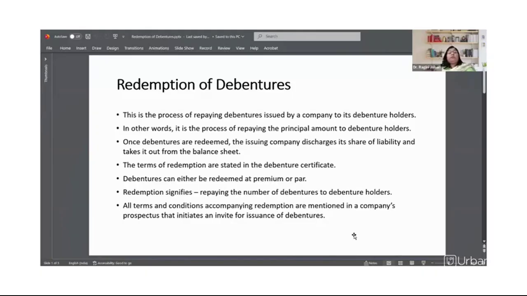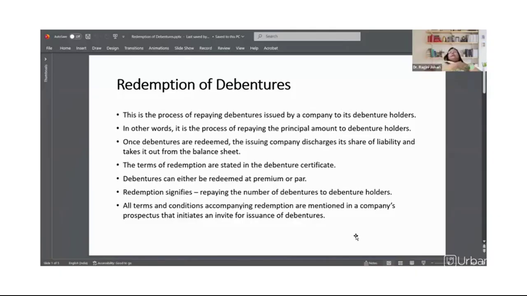Okay, the terms of redemption are stated in the debenture certificate itself, just to make things transparent and cause no confusion at a later date. Now, these debentures can either be redeemed at premium or at par.